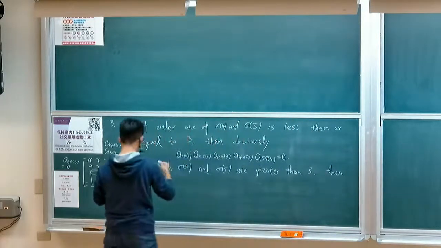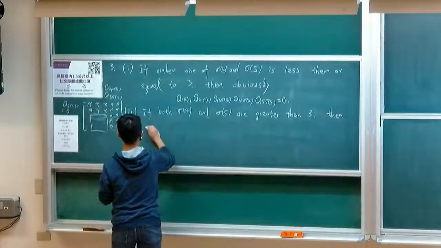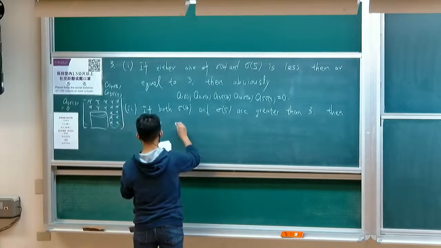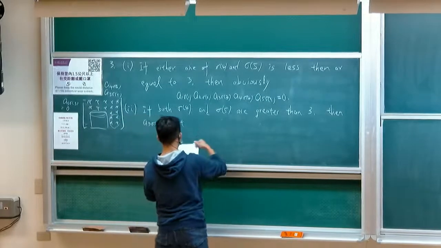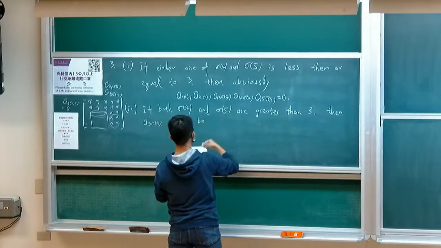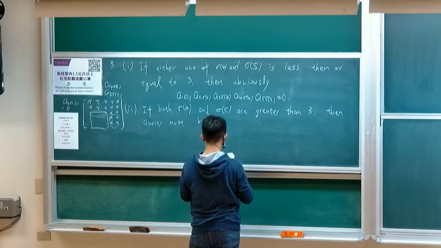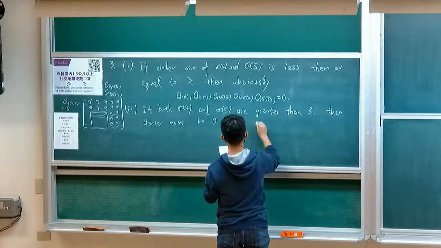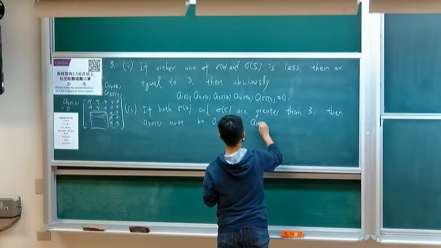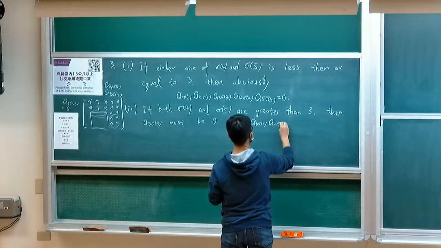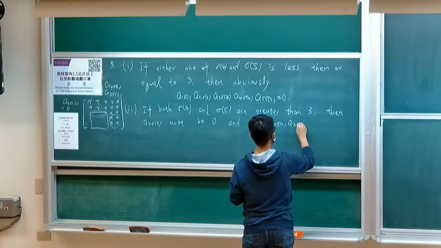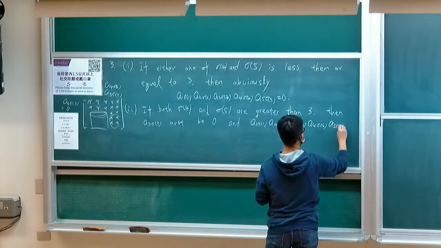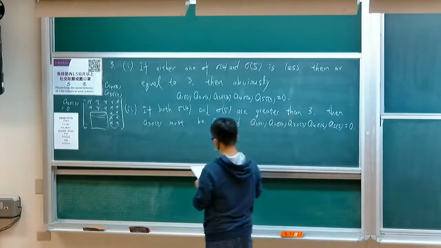Then A3 sigma 3 must be 0. Then A1 sigma 1, A2 sigma 2, A3 sigma 3, A4 sigma 4, A5 sigma 5 is 0.